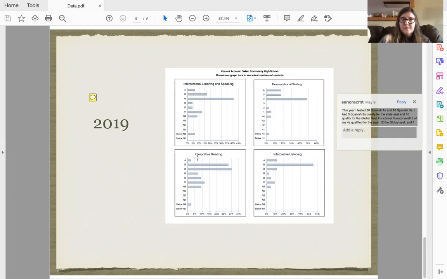Every kid in the class scored an intermediate 1, no matter the level of their language, no matter the variations in what they said in their speaking test. This was on the speaking section. No matter what they said, they all scored an intermediate 1. 7th hour scores came back, and they were anywhere from novice 4 all the way up to advanced 1. But first hour, all across the board, intermediate 1.